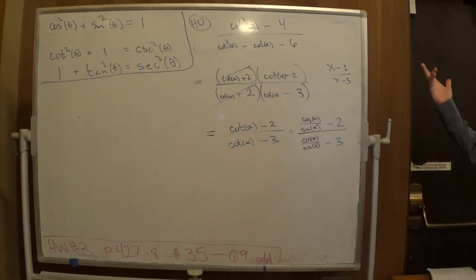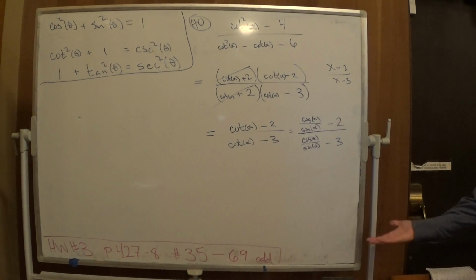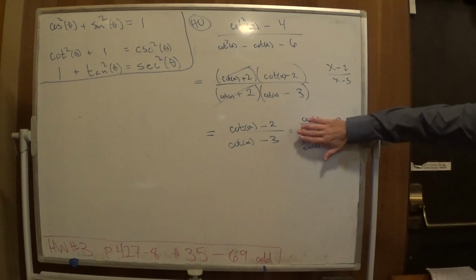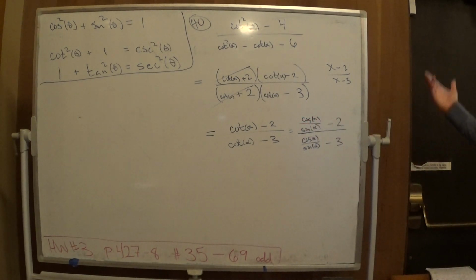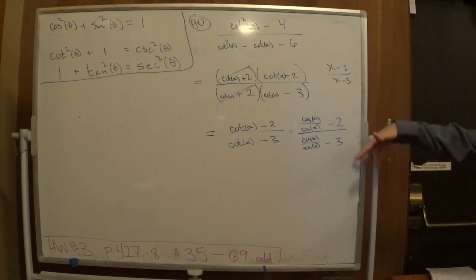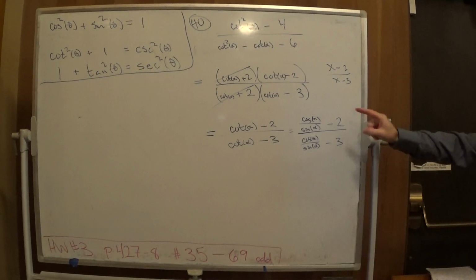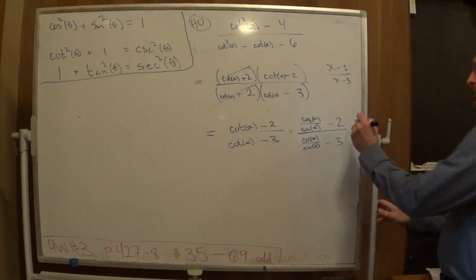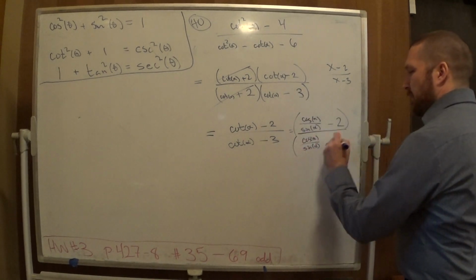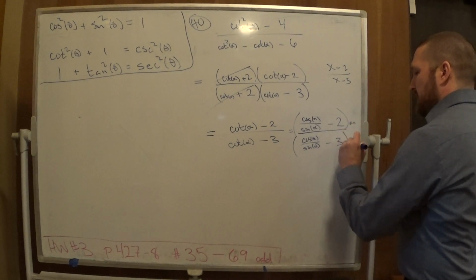Now, I don't know, and so this is what I'm getting at. If there was an answer in the back of the book, maybe that was the answer and I could stop. If not, maybe it's in terms of sines and cosines, and maybe it looks like this. But now I have denominators in denominators. How do I kill those denominators? Multiply by sine. So let's multiply both the top and the bottom by sine and see what happens.